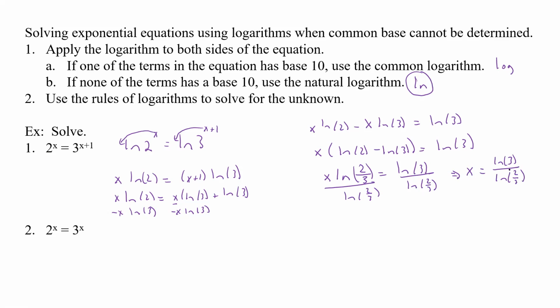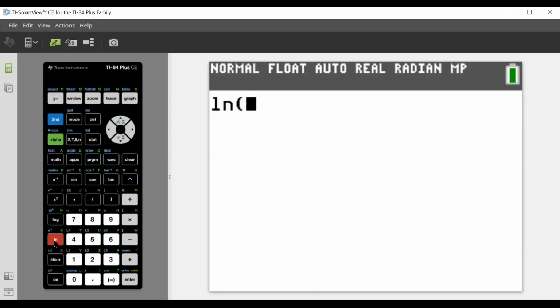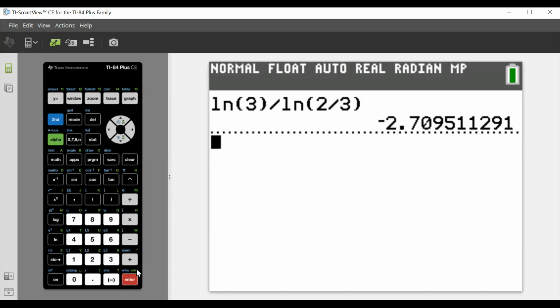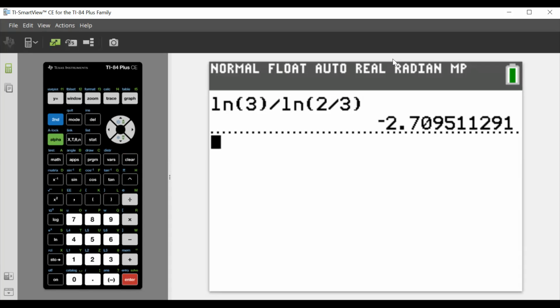Now, do I want to leave it there, or do I want to go ahead and do a little bit more work? I could say, well, let's leave it there, or I could actually plug that in my calculator and get a value. So then if I do that, let's clear that. So that would have been ln of 3 divided by the ln of 2 divided by 3. And so it's negative 2.710 maybe.